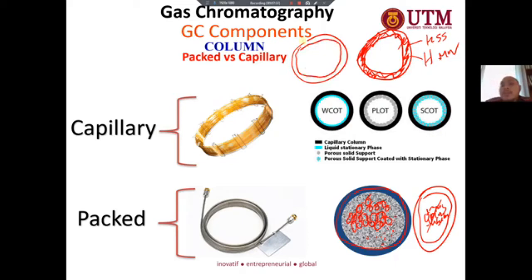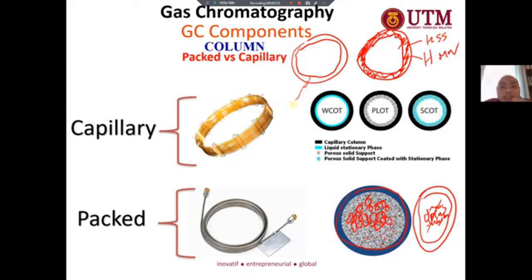So when we have a thin layer of coating, it cannot hold much, the amount of sample that can be retained by this liquid is small. Of course it's greater compared to the PLOT, but it's still small. It's not that huge. So at a high concentration amount of sample, this will be a problem. So how can they increase the capacity?